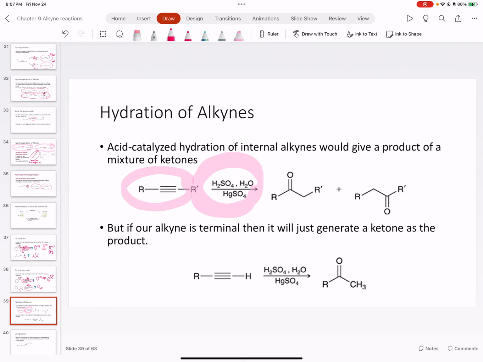We make a ketone with this carbon and then with this other carbon, like you can see in here: a ketone with the carbon on the left, and one with the carbon on the right. But if our alkyne is terminal, then we're just going to generate one ketone as the product. We create a ketone, but not with the carbon that's terminal, just with this one.